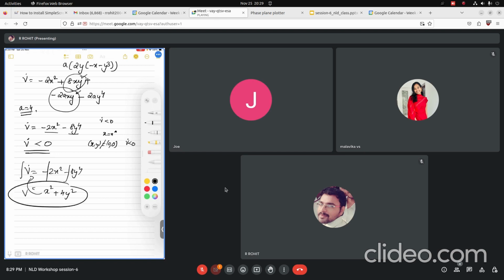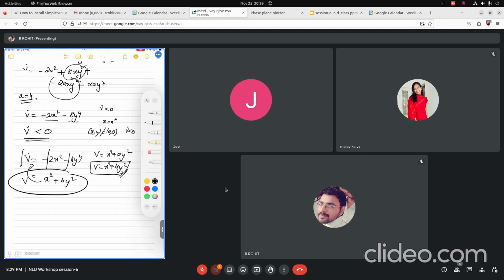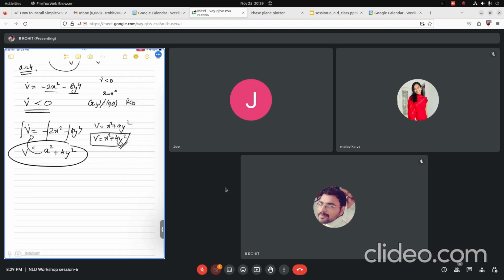So this v is what we assumed, the sum of squares, we just wrote x square plus ay square, and a is nothing but 4 we have taken. So this is the potential function or the Lyapunov function. Now this v is greater than 0 anywhere apart from x not equal to 0 comma 0. X and y are positive every time, and apart from 0 comma 0 they are every time greater than 0.